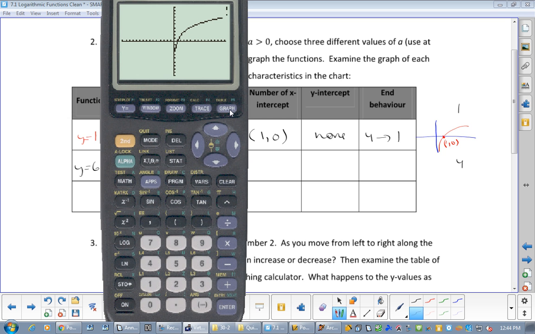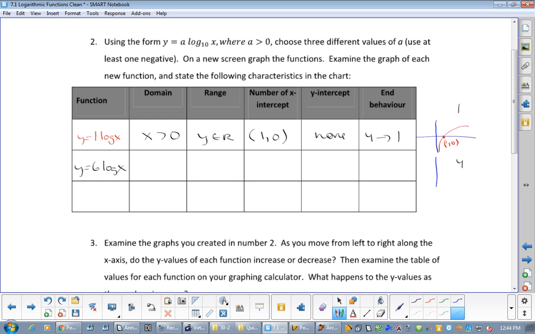What happened? How would you describe what just happened there? It got steeper. It's still going through 1, 0 though. Okay, so by looking at that graph, what is the domain?